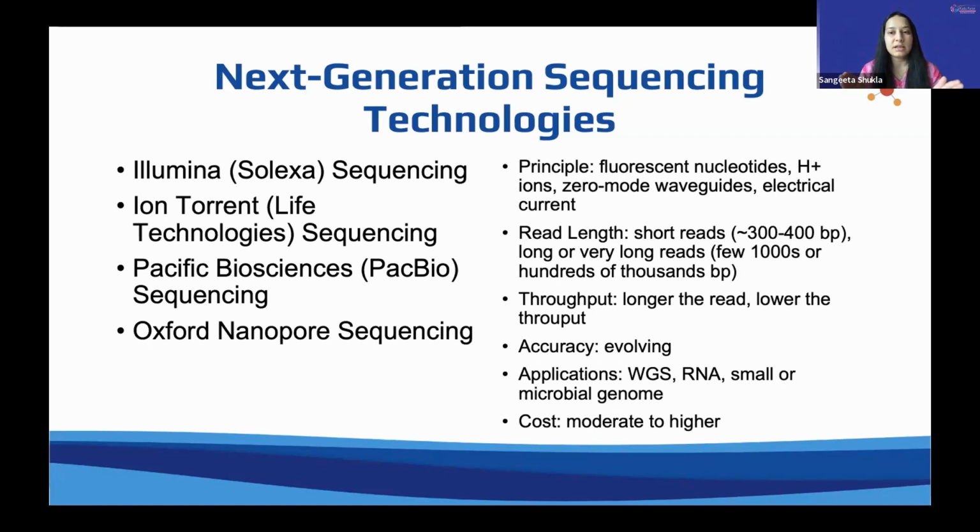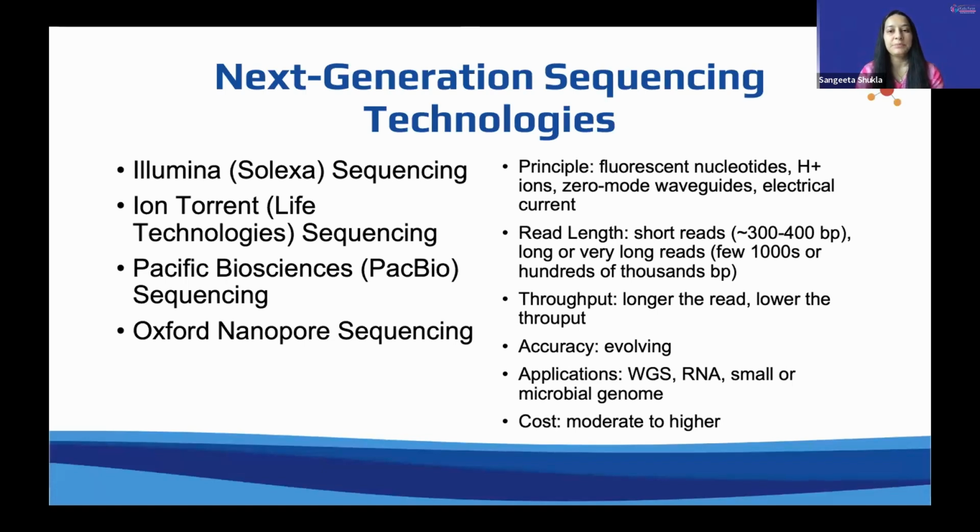So the longer that read is, the lower the throughput. If the read is a lot longer, then it's not as quick, because the instrument would have to accommodate the time to read that sequence, and before that it would have to run all sorts of chemical reactions on that nucleotide sequence.